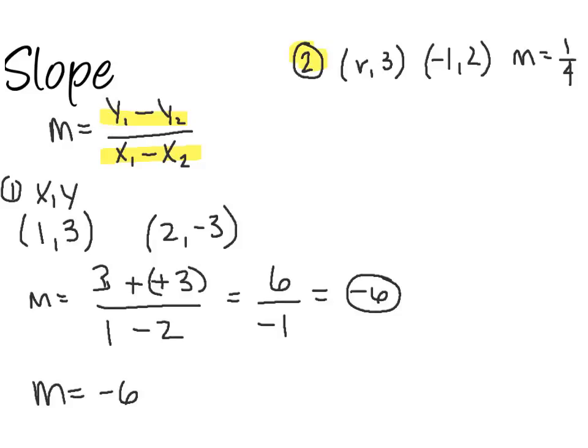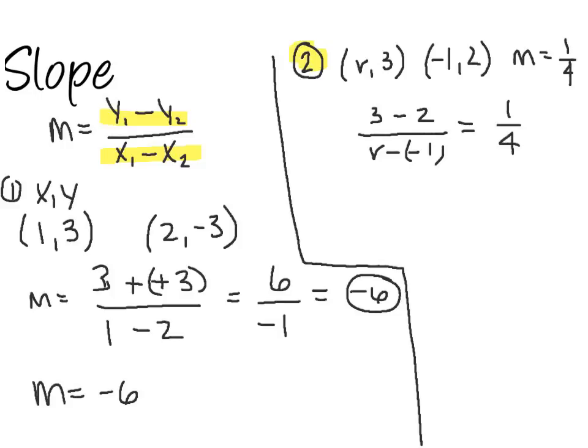So what I'm going to do is use my slope formula and plug in my change in y over my change in x, which is equal to 1/4. So I'm going to simplify this a little bit. So I have negative 1 over r plus 1 equals 1/4.